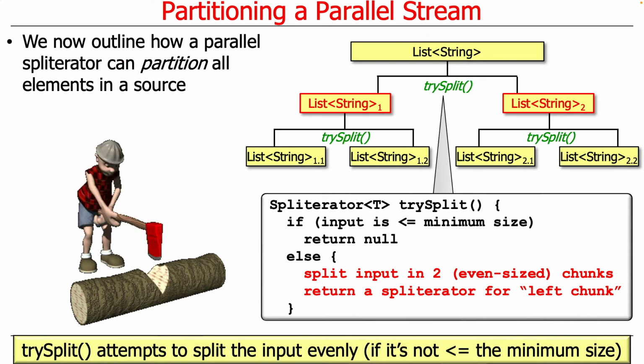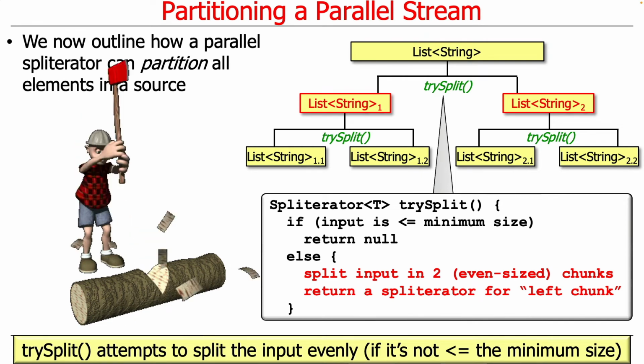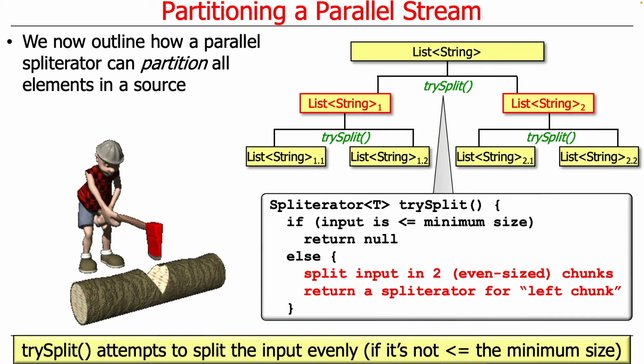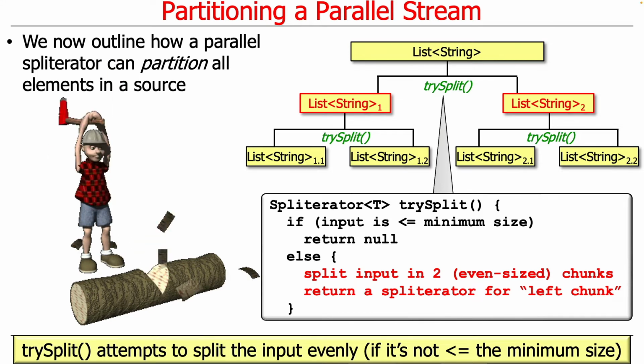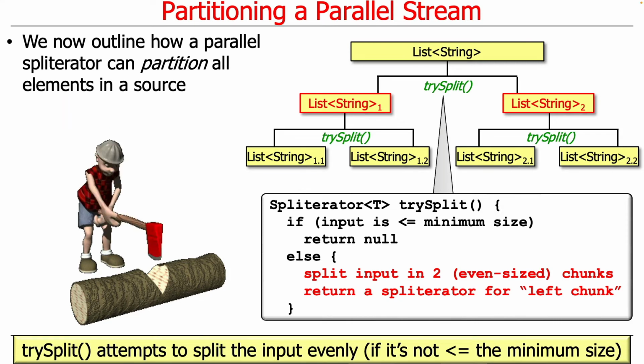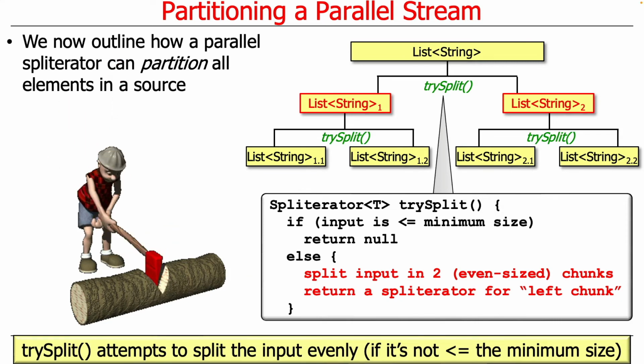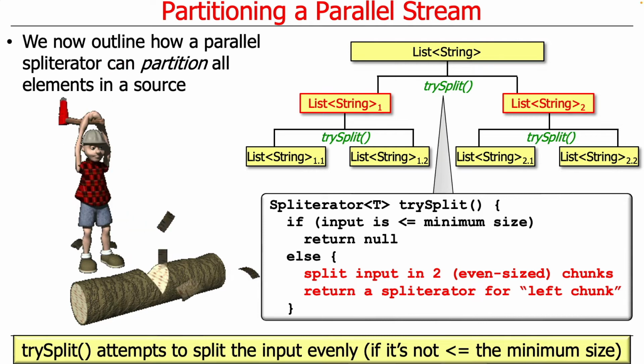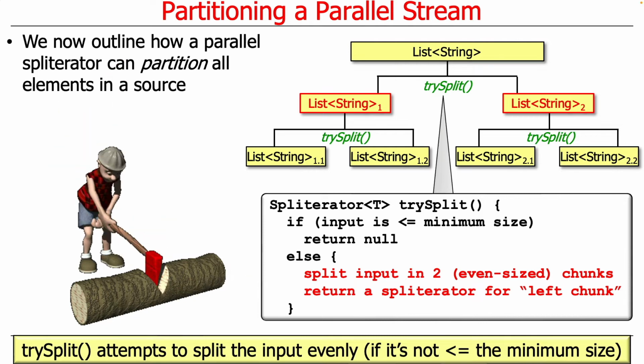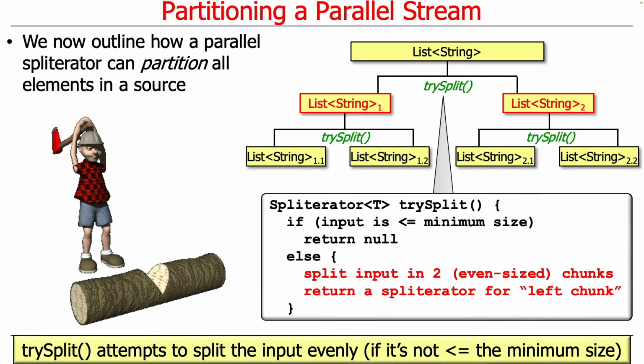So its goal is to split the input up into two chunks, hopefully evenly sized, and then it'll return a spliterator that covers the left chunk, and it leaves the existing object to cover the right part of the chunk. And that's why it's ideal if it splits evenly, because then you end up with things split in half, and then you end up with a nice tree that's only log n deep, if you recall your algorithms class.